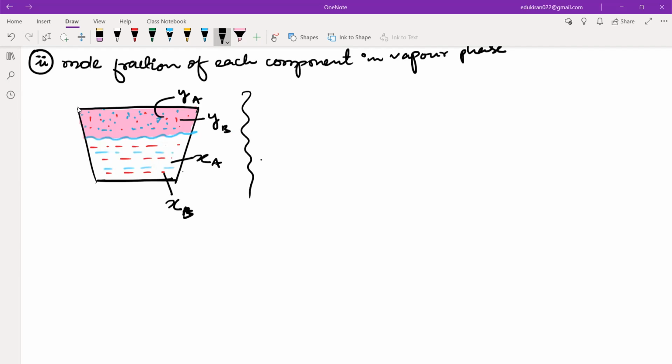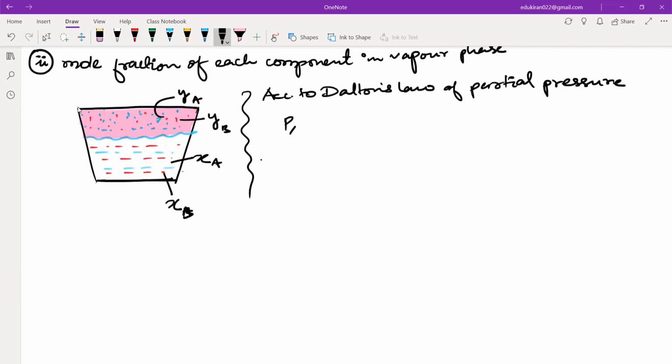Now, according to Dalton's law of partial pressure, in a mixture of gases, the partial pressure of any one gas, component A, is equal to the total pressure multiplied by its mole fraction.